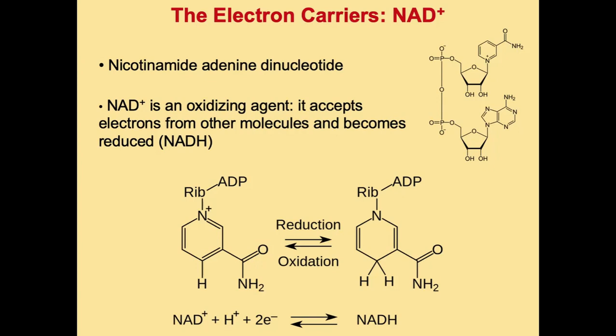Sufficient to say at this point that these carry the high energy electrons, which are derived essentially from the breakdown of glucose. Remember, glycolysis will feed the citric acid cycle, and it's this breakdown of the carbon backbone which is providing these high energy electrons.